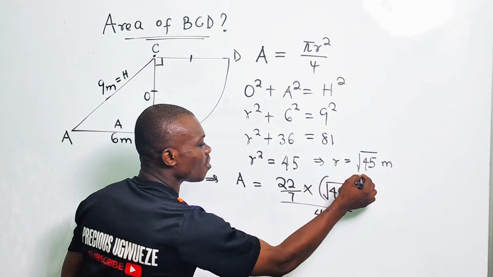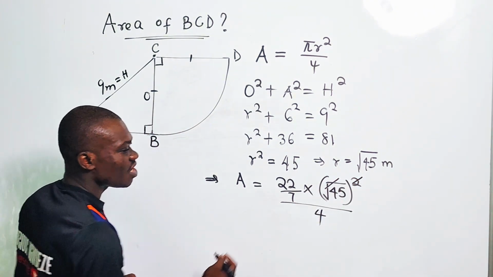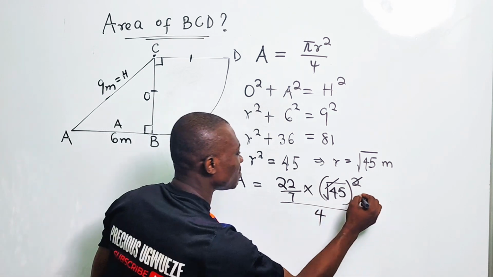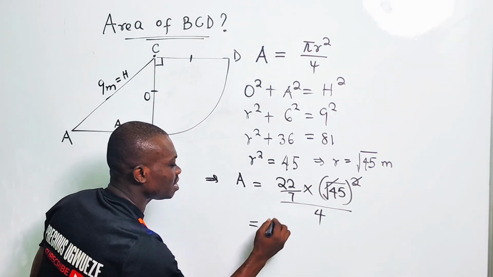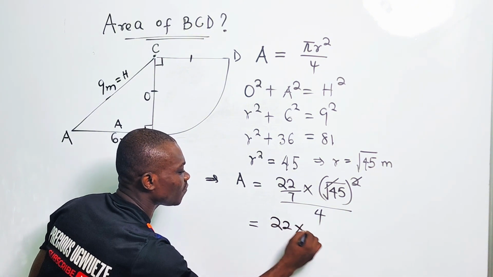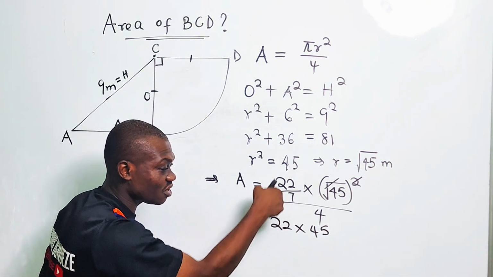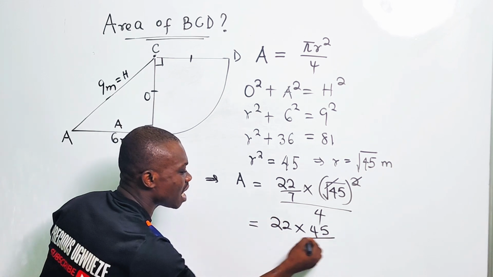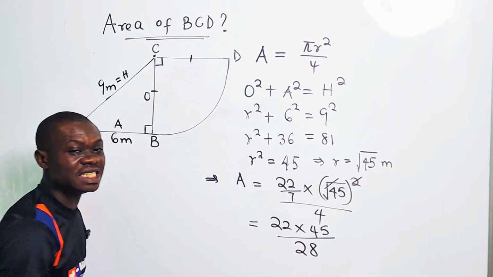Here, this will take away this, and then we are going to have that our a is equal to 22 times 45. The 7, which is a denominator, will come down and multiply this 4, and that will give us 28.